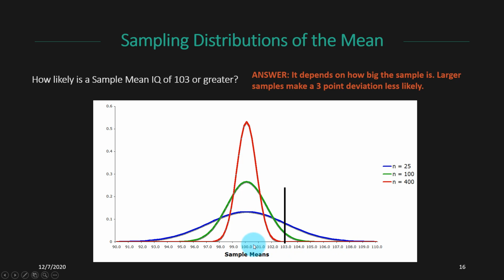The vast majority of our samples, in fact, fall between 98 and 102. So the size of the sample affects the spread of the sampling distribution, which in turn affects the probability of observing certain events. And the more we know about these distributions, the more accurately we can calculate those probabilities and therefore make inferential judgments about seeing something in our sample.